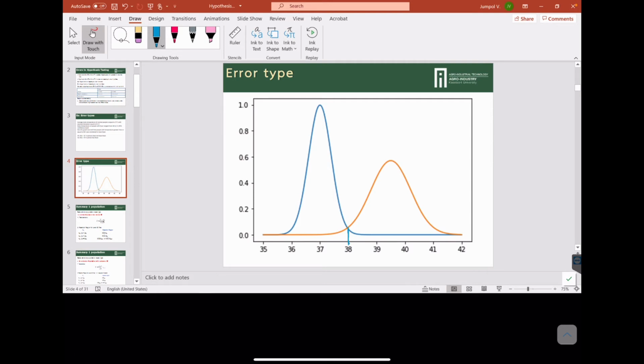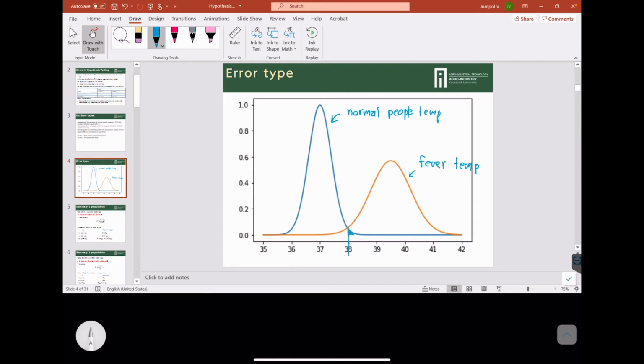So what is error type 1? So this is the distribution of normal people's temp. This is fever temp. So the error type 1 is this one, right?